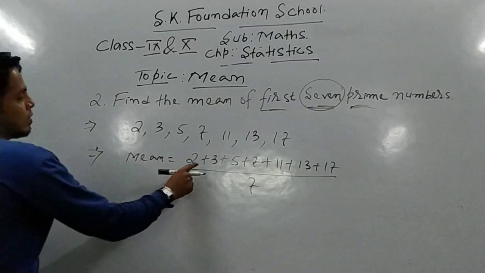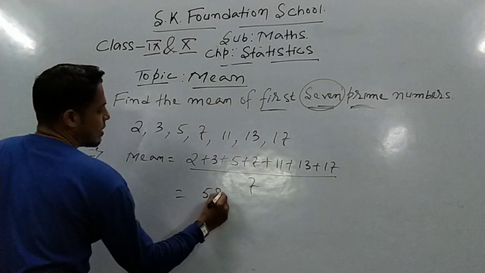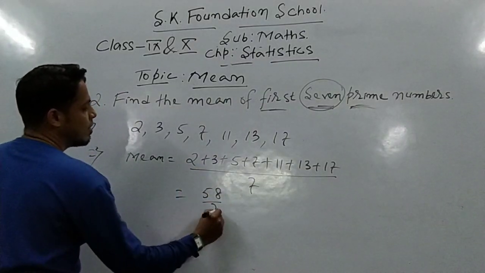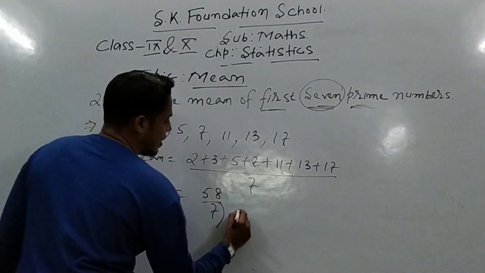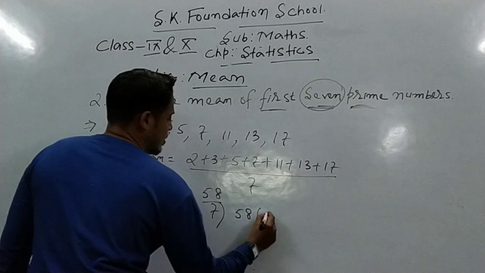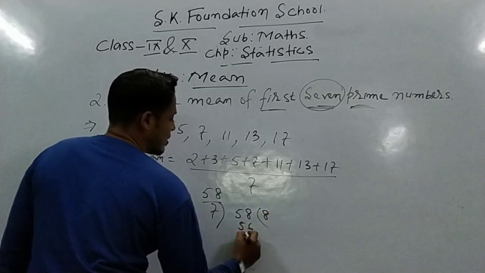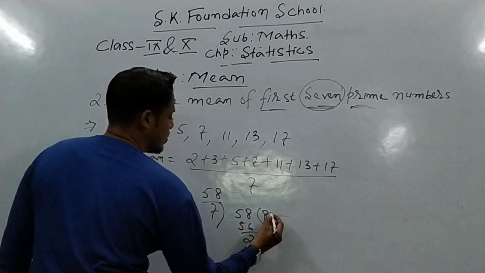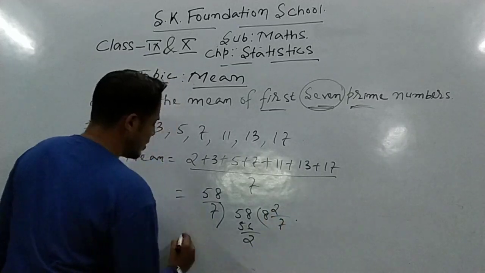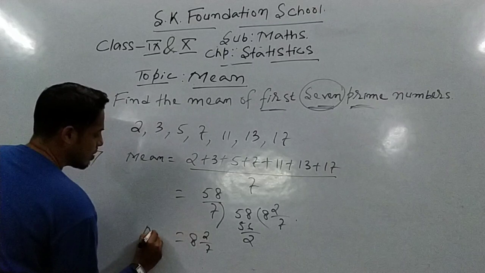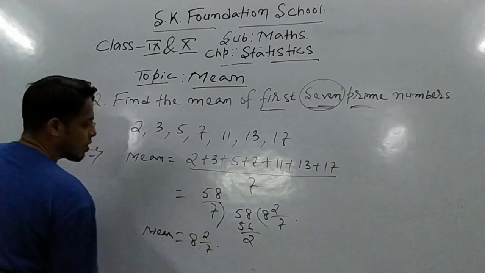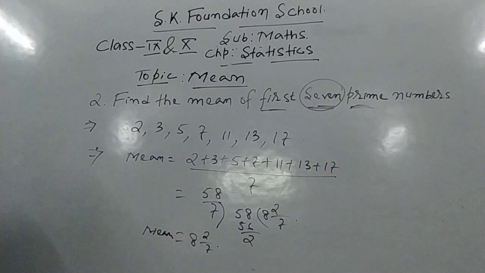The addition is 58, so 58 by 7. Dividing, 7 eights are 56, remainder 2, so our mean is 8 and 2 by 7. Clear? This is our answer.